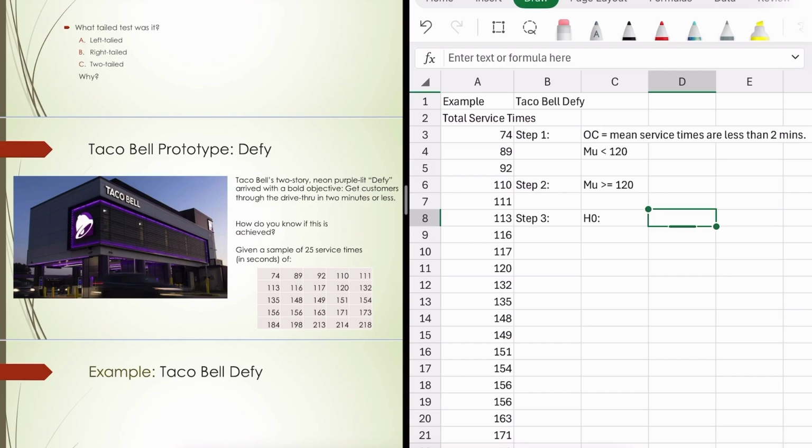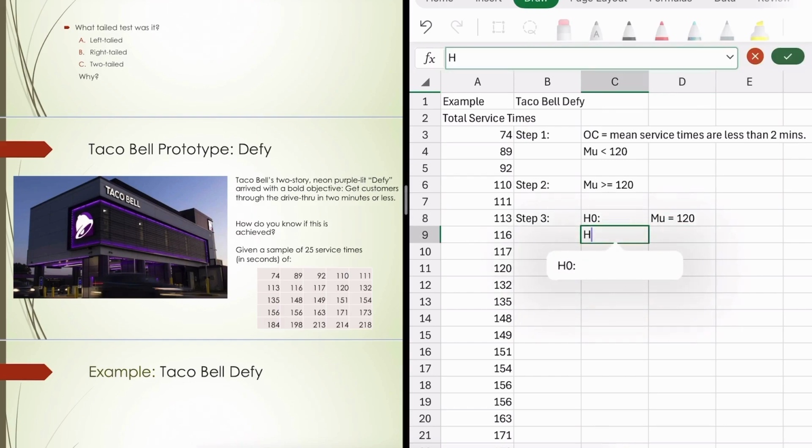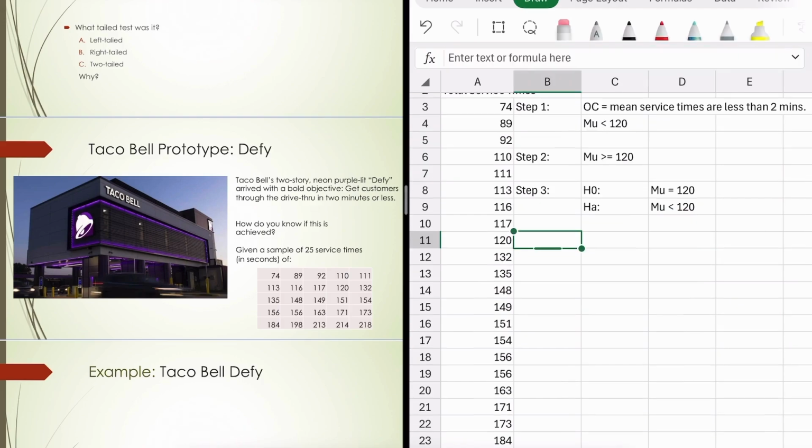The negation has equality. Remember, the null hypothesis has to be equality. So mu equals 120. The alternative hypothesis, H1, is my original claim: mu is less than 120. Great, I've got my null and alternative hypothesis.